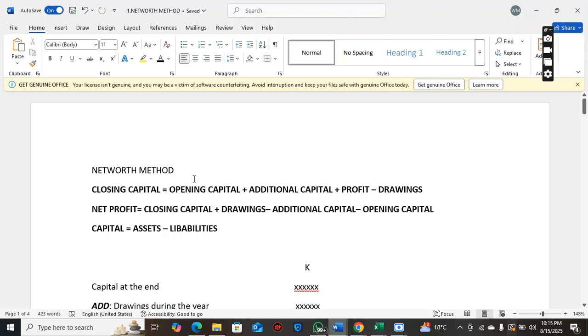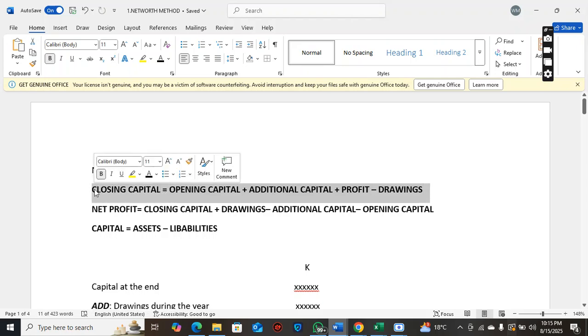Now, colleagues, if you remember from the balance sheet, on the capital section, you have your capital, which is usually opening capital, plus any additional capital that has been put into the business, plus the profit minus the drawings. This you usually see in the balance sheet under the capital section.